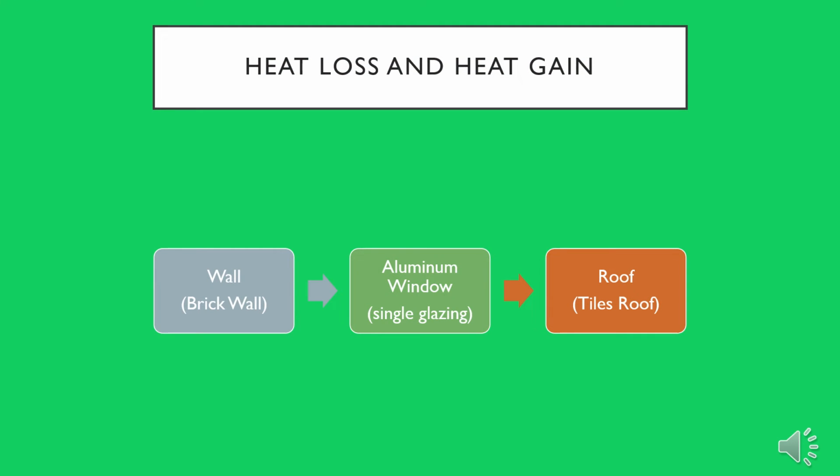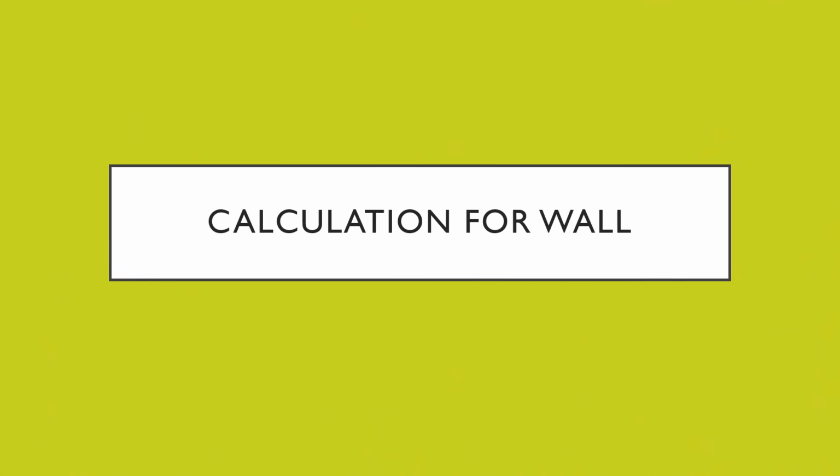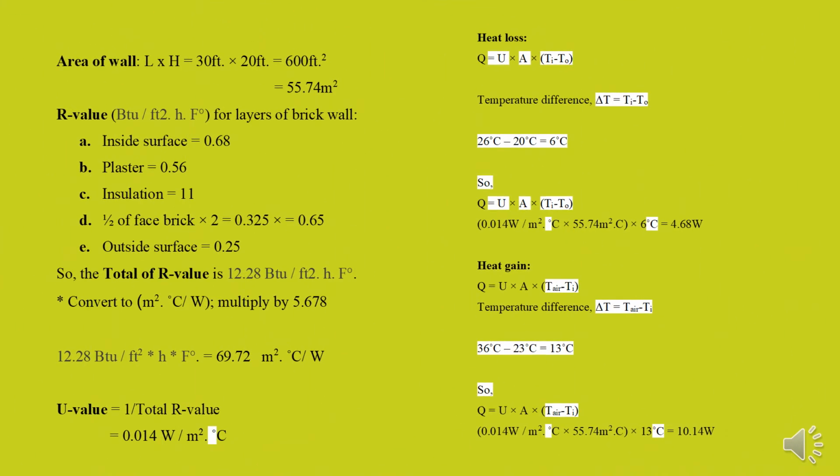These are the areas where heat loss and heat gain happen in the Block W classroom. First, wall, second, aluminium window, and lastly, roof. This is the calculation for the wall.